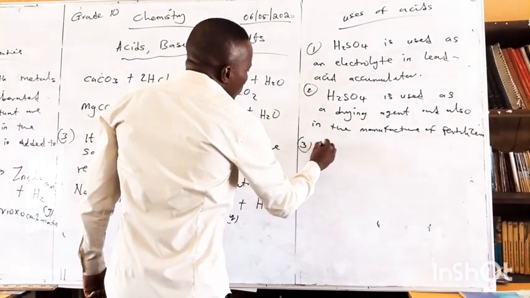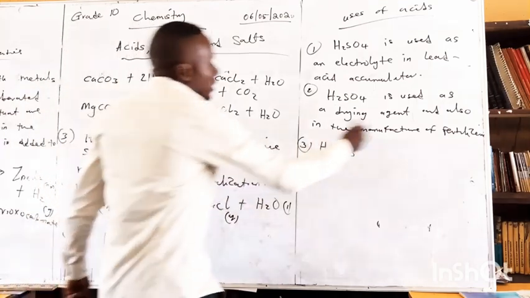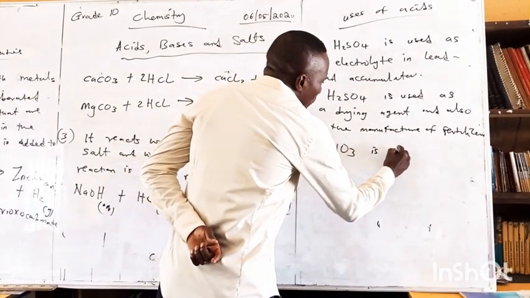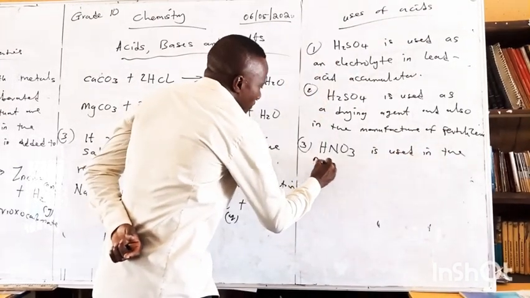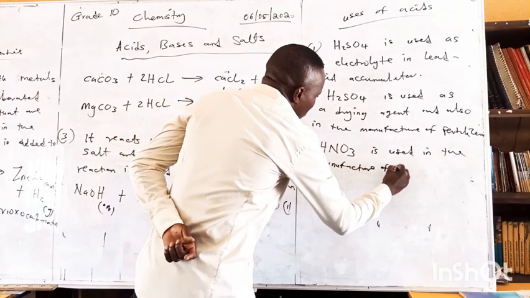Number 3, trioxonitrate(V) acid, for example. Trioxonitrate(V) acid is used in the manufacture of fertilizers. That's the main use of this acid.